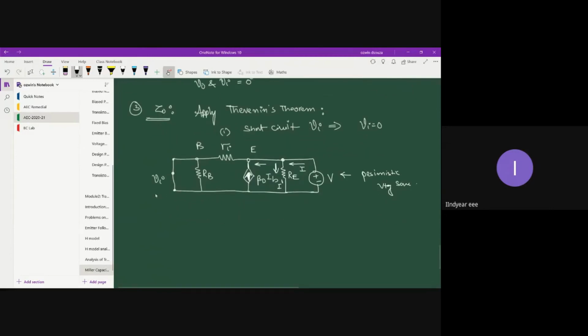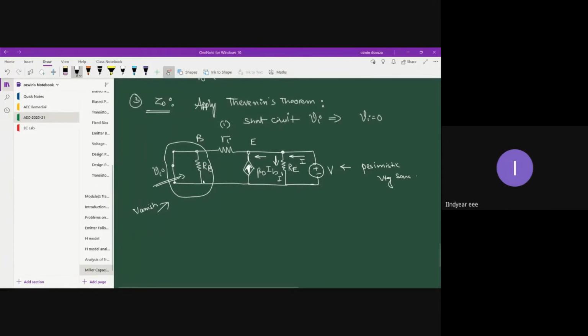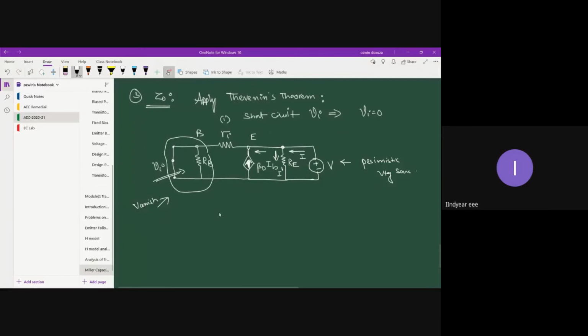Now since this is short circuiting this particular resistor, this will vanish, because this short circuit will remove the base resistor RB. So you will be left with Ri here. I'm just shifting it here, and then the emitter terminal, and then this resistor.